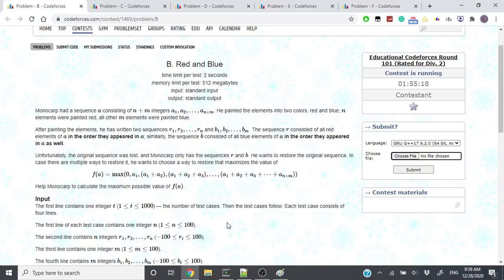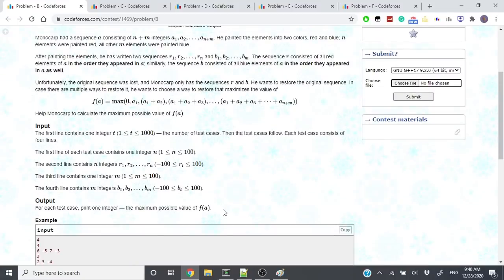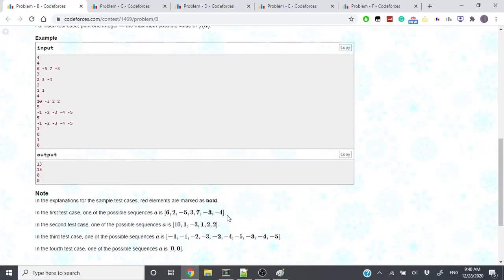Wants to maximize the prefix sums. Okay, the annoying part is that they could be equal, because then you have to figure out how to decide things.